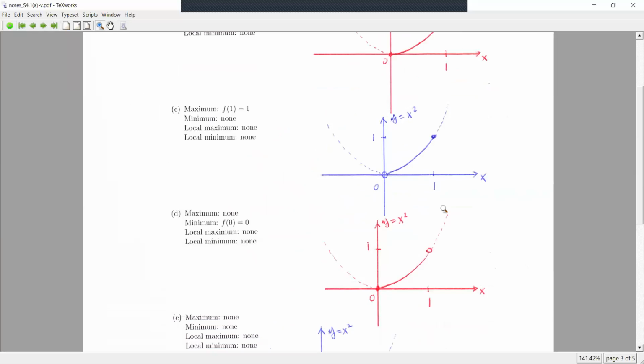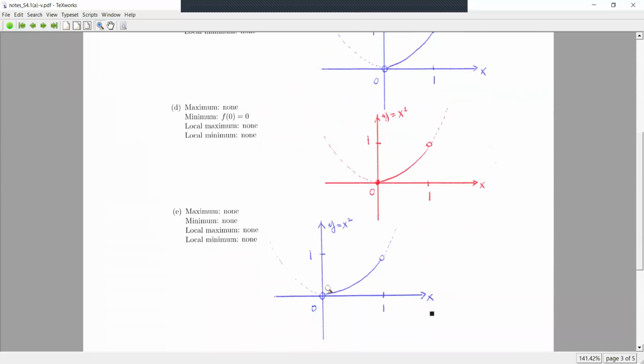The same problem, but we consider the interval 0 to 1, excluding 0, excluding 1, then no global maximum, no global minimum.